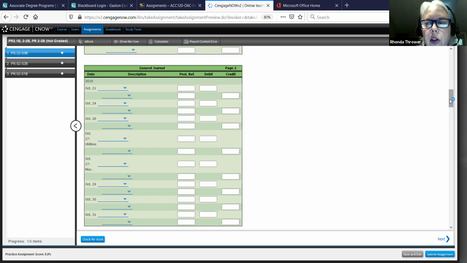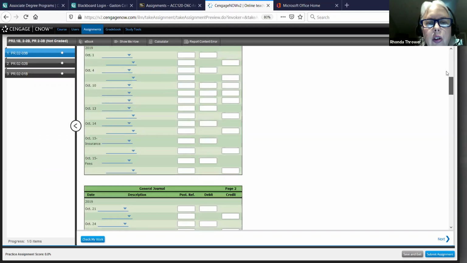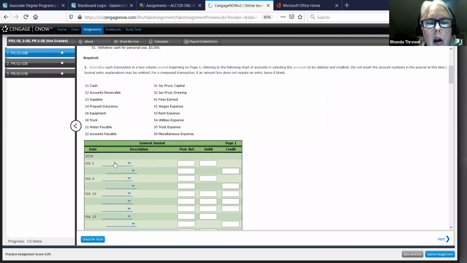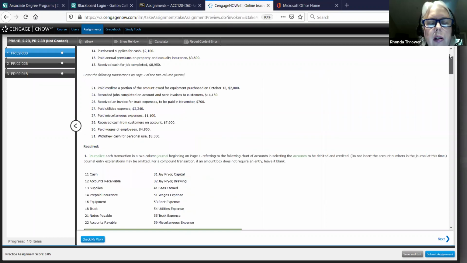What I would say to you is that you should analyze each one of the transactions on your own scrap paper first in T accounts, then copy from the T accounts into the journal. In the journal, we always put our debits on the first line. Debits go first, and then we will indent and place our credits next. So let me show you an example of how to do that.